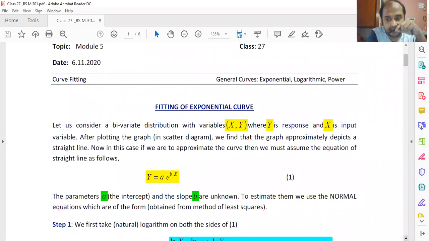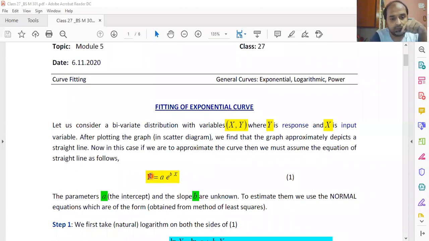I've already discussed it. The important part is, if it is a matter of fitting exponential curve to a given set of data, then you have to assume an appropriate equation for doing that, and that equation is given in 1.